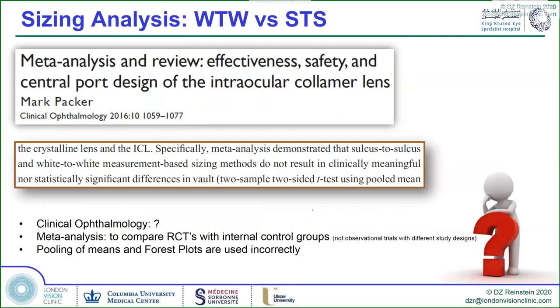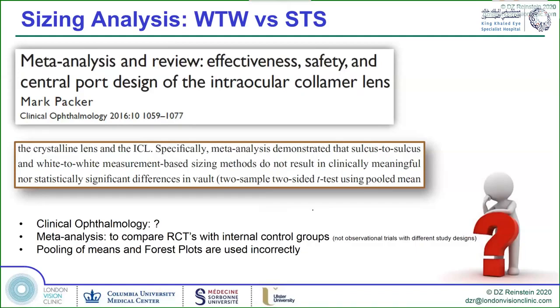A couple of years ago, there was a STAAR-sponsored review article written by Mark Packer. And, well, it's hard to be gentle about this article because it was very poorly written and the statistics were incorrect.